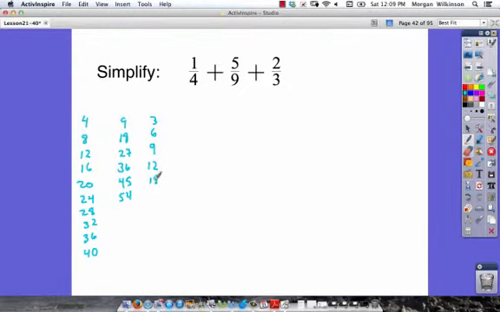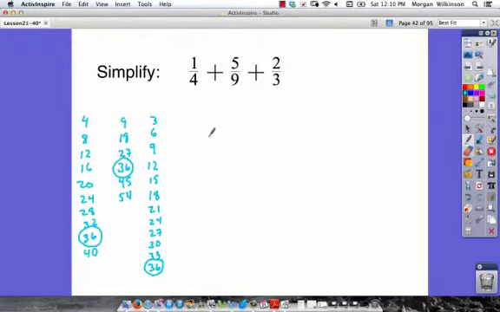What we're looking for now is when our numbers have one that's in common. Because for 4 and 9, if you look carefully, you'll see that they both have a 36 in common. So what we're hoping for is that the 3 also has a 36 as we go. 18, 21, 24, 27, 30, 33, 36. There we are. We found our least common multiple.